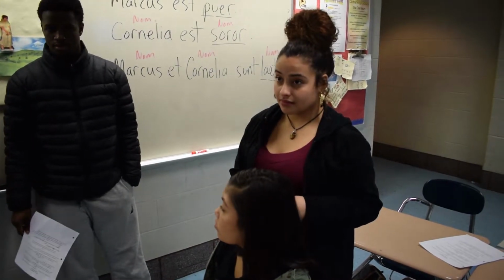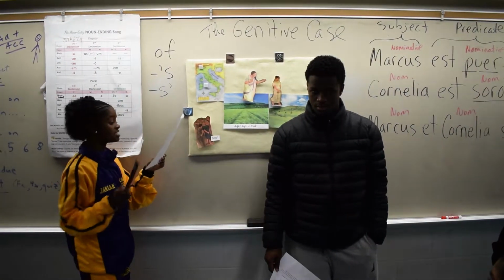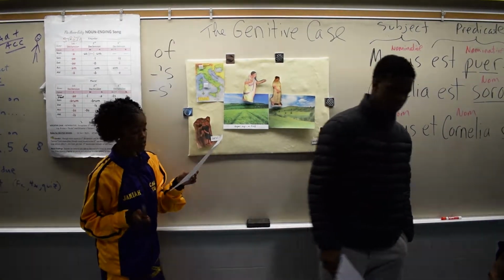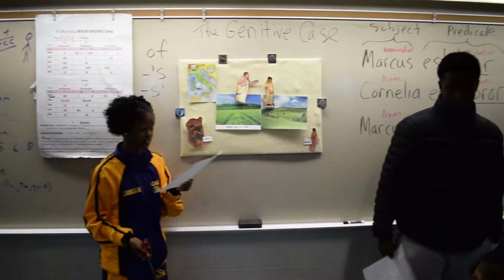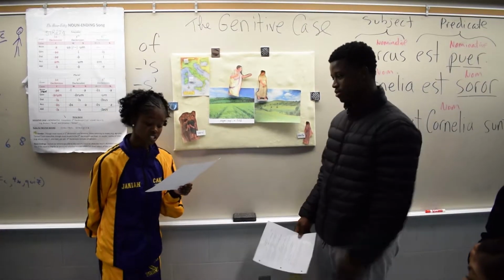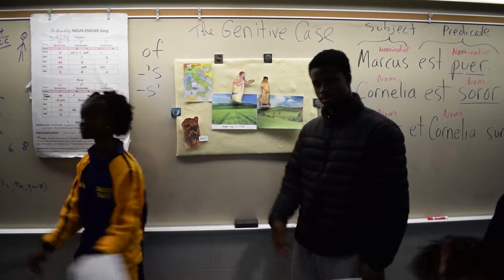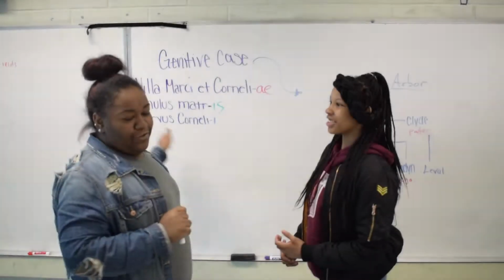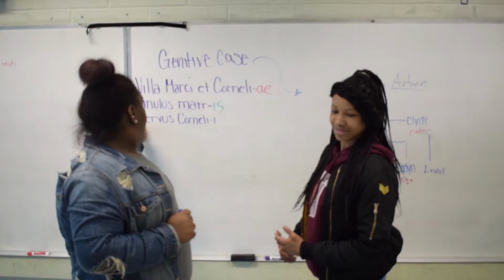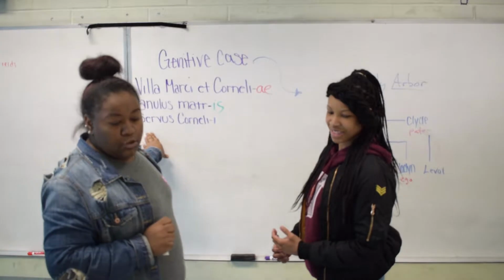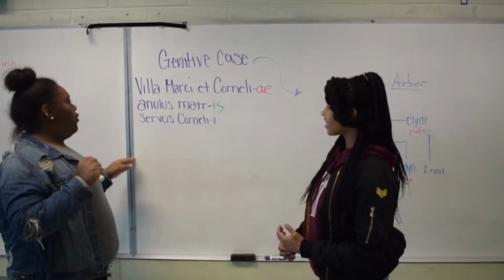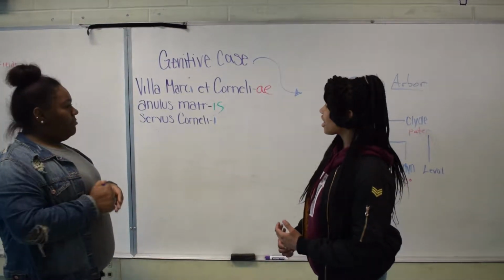Instead of saying Kyle's football, Amanda's homework, and Allie's hair, you could use the preposition of and say the football of Kyle, the homework of Amanda, and the hair of Allie. These are different ways to express the genitive case in English. Here are 3 Latin examples of nouns in the genitive case expressing possession or ownership.